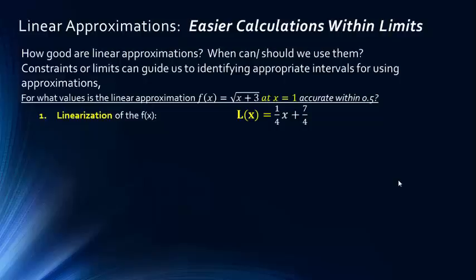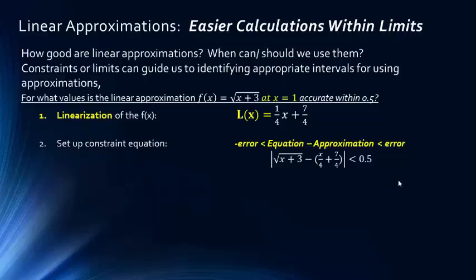We've already had the linearization. If you're doing this from the beginning, you'd find your linearization, and then you'd set up this constraint equation that we want our answers to be within 0.5 accuracy, numerically. So we set up the equation that the negative error is less than the original equation minus the approximation, right?